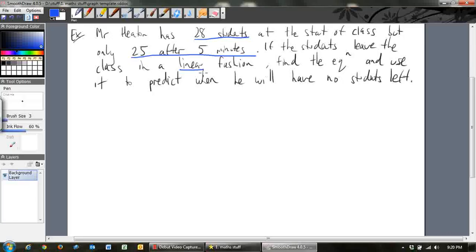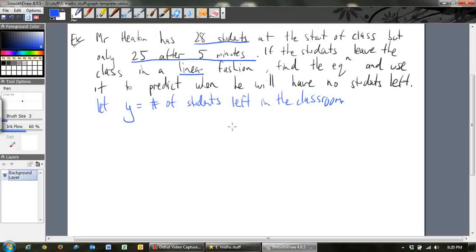It's good to start with defining some variables because without that we're sort of lost. So what we're going to say is let y be the number of students left in the classroom. So y will be the number of students left in the classroom.